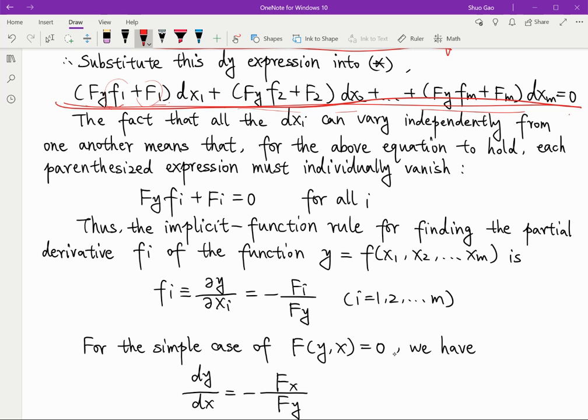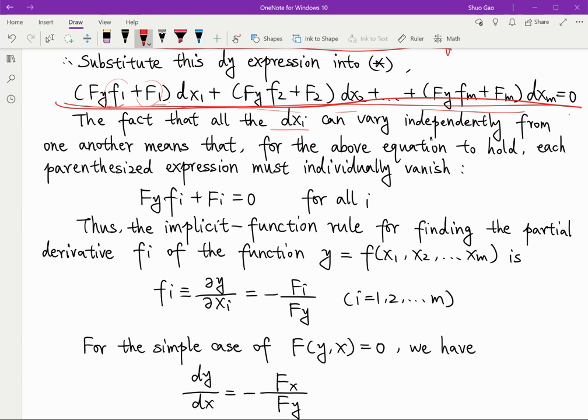And notice that all the dxi, from dx1 to dxm, can vary independently from one another. This means that dx1 can be positive or negative, dx2 can be positive or negative, and dxm can be positive or negative.